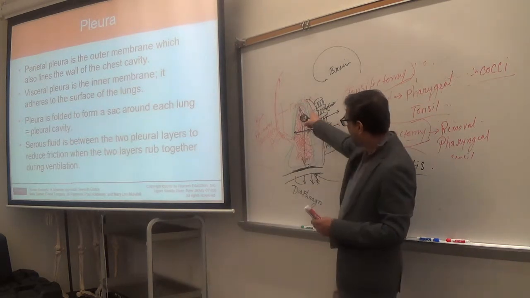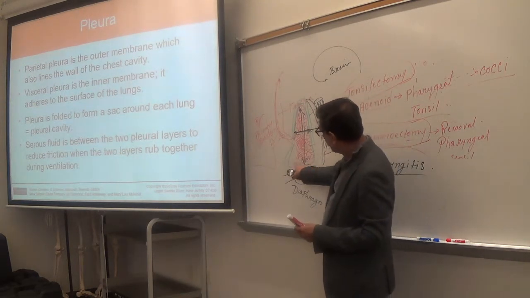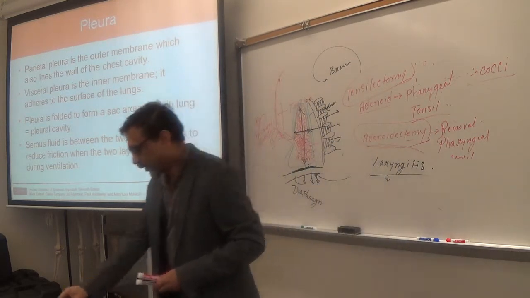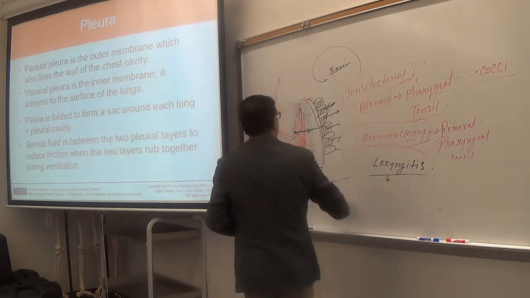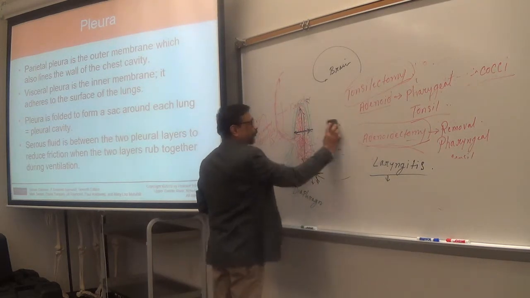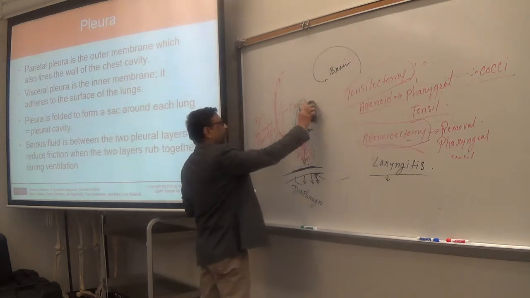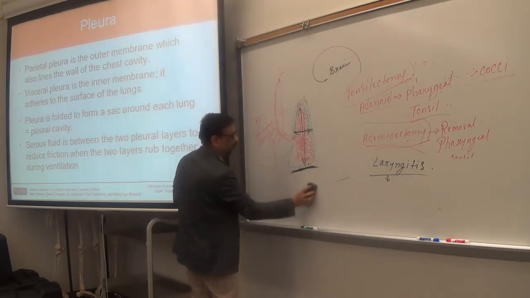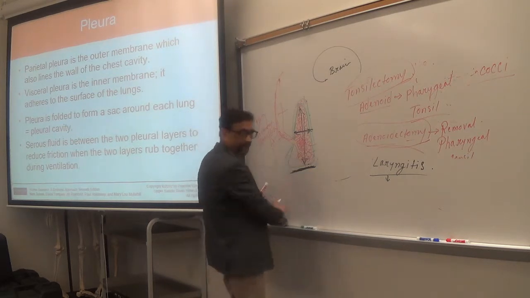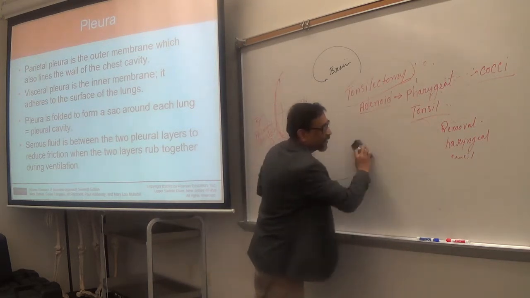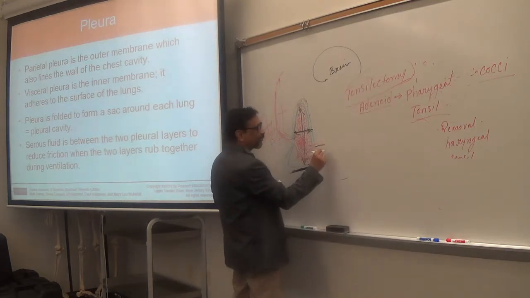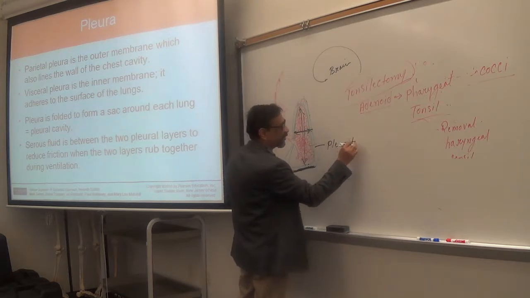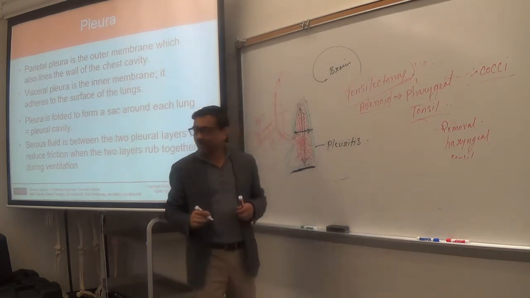We have talked about the pleura at the beginning, the double layered covering around the lung, that is the pleura. Okay. So if inflammation occurs in the pleura, that is called pleuritis. Makes sense? Pleuritis.